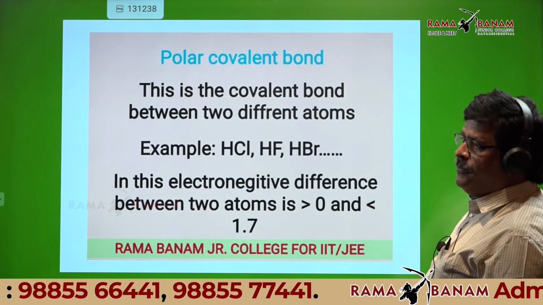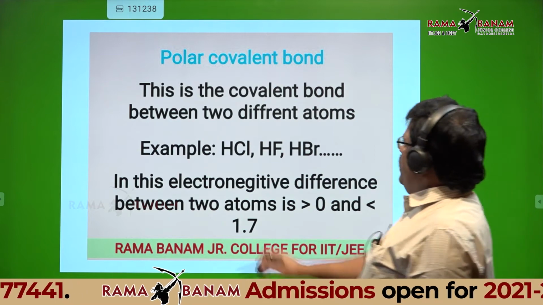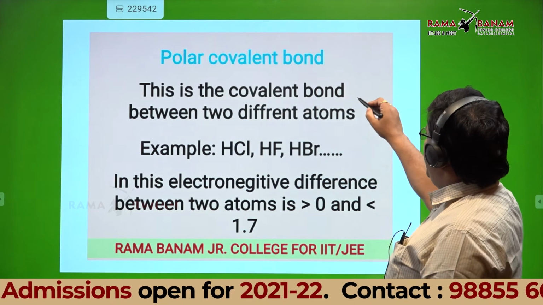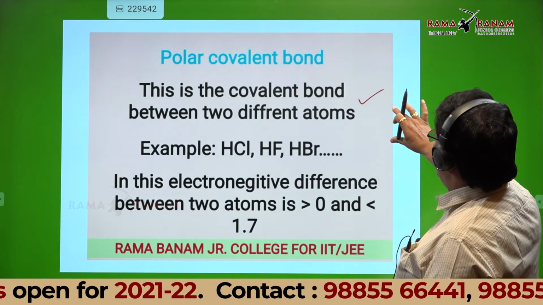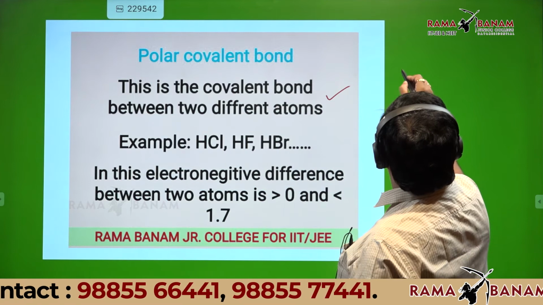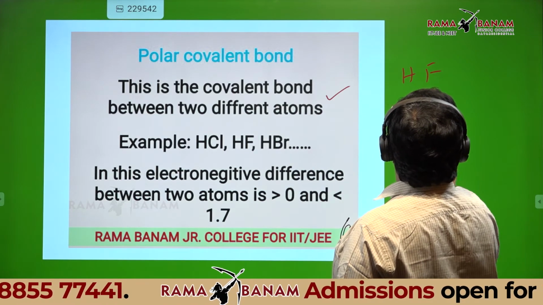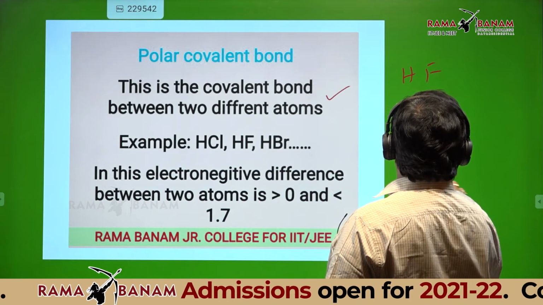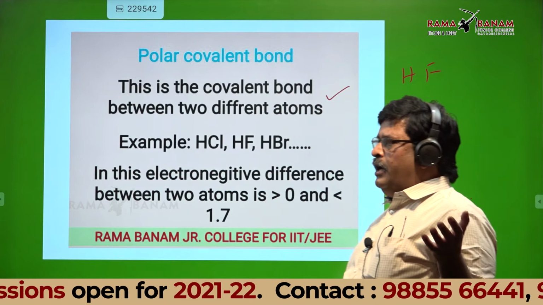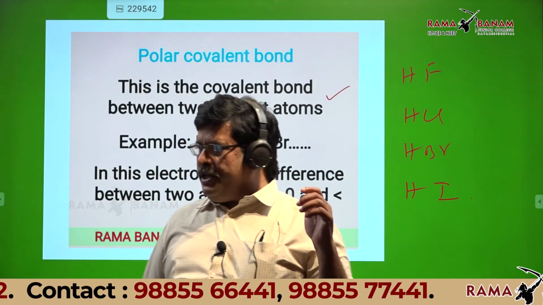Right. Just don't write, look at the board. This is the second type of covalent bond, the covalent bond between two different atoms. That's what we already discussed. I already mentioned the examples: HF, HCl, HBr, HI. Simple diatomic molecules only I took. Al2O3 is not covalent, Ajay.